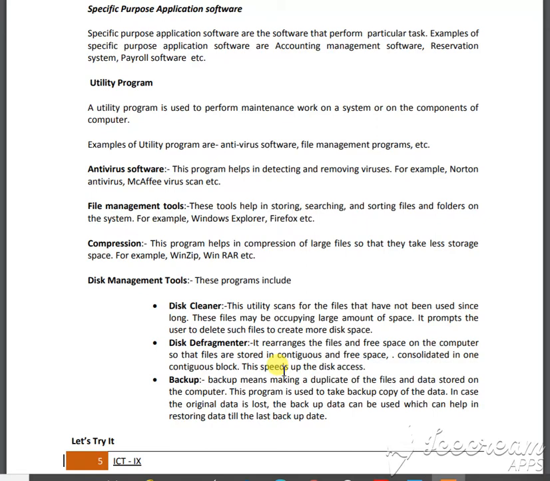Disk defragmentation means the disk is divided into different parts, like in your laptop, where you have divided it into C drive, D drive, E drive, and you work on them. Up to this much it is clear.